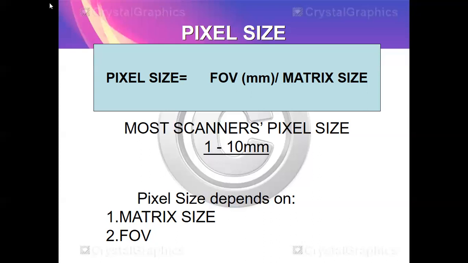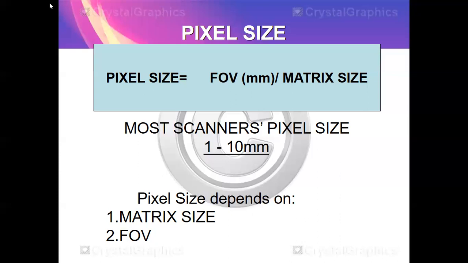So the pixel size depends on the matrix size and the field of view. They are directly related. The higher the field of view, the greater the pixel size. Mas malaki yung pixel size.